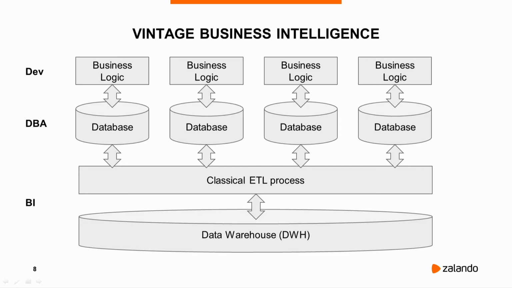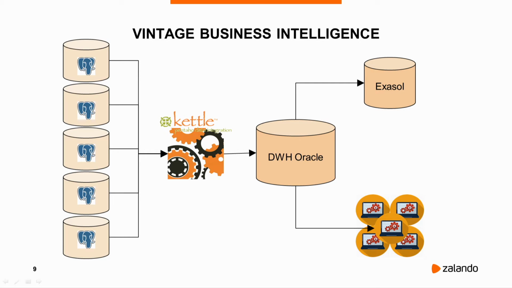We have kind of the same architecture at Zalando. Our data sources were basically Postgres databases. We used Pentaho Kettle to extract the data, to transform the data, and to load the data into our transactional Oracle data warehouse.